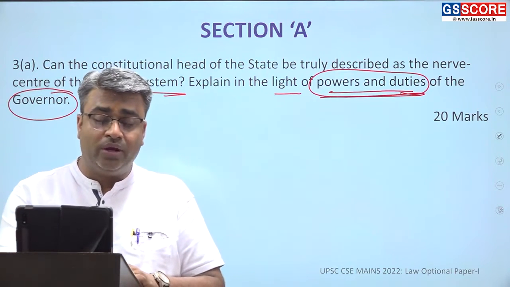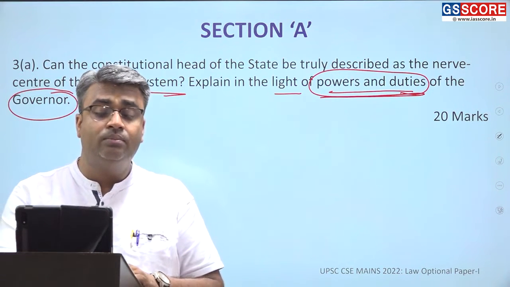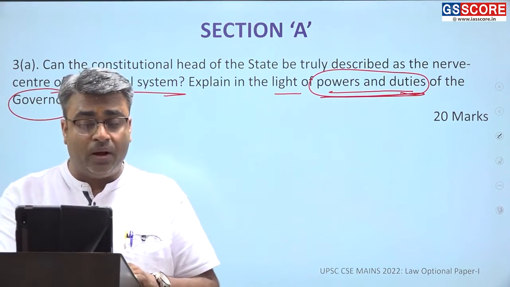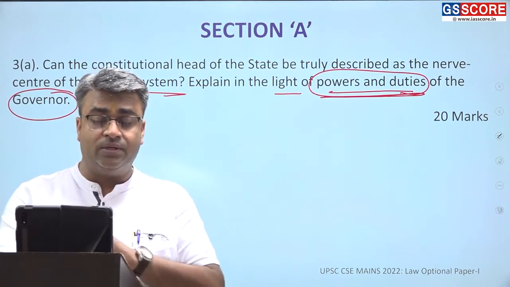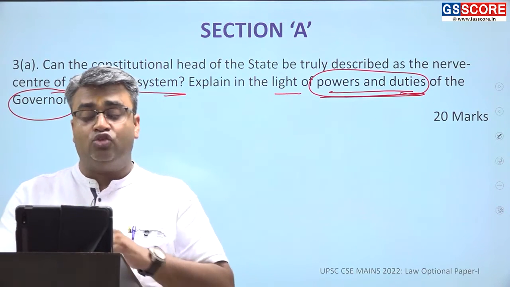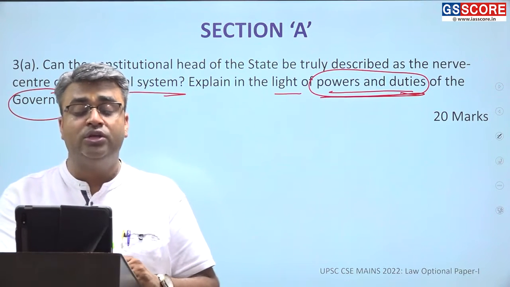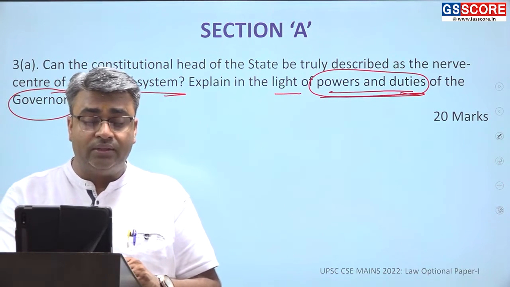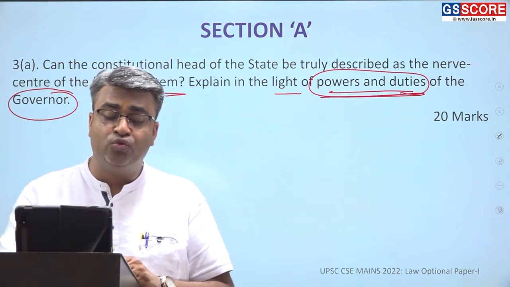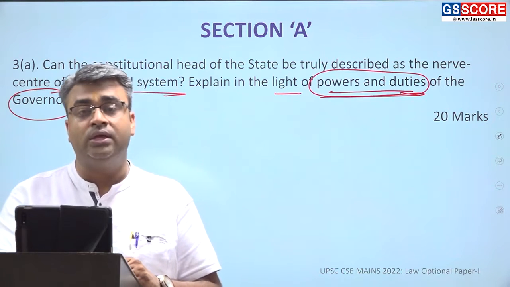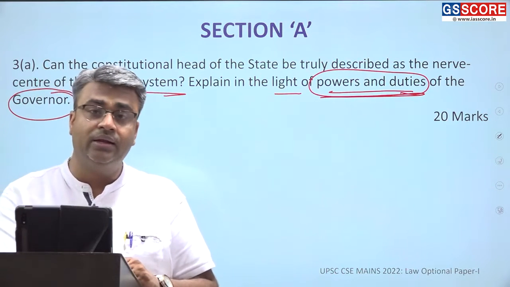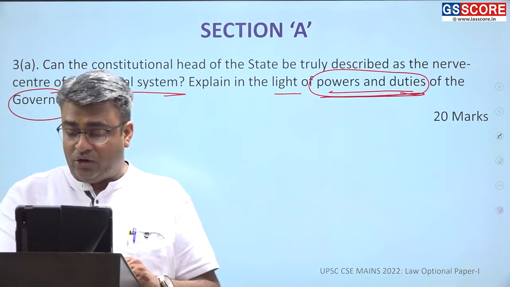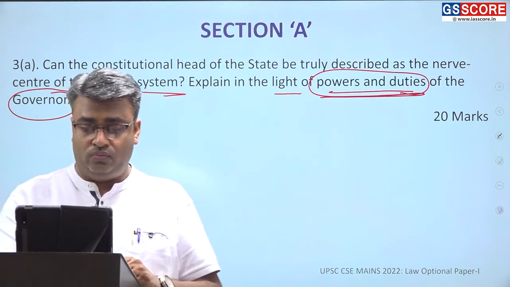So by this way, first mention the powers of the governor, and then the duties and role of the governor. After that, mention the issues with respect to the governor in the Indian scenario, and then try to mention the solution thereof.